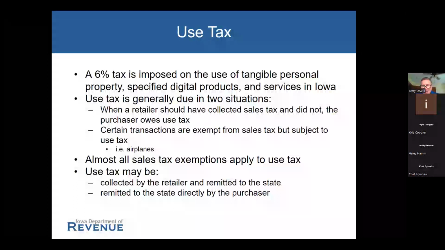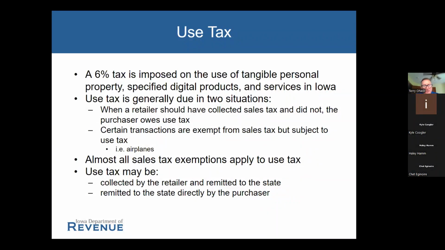The classic example was always, before the Wayfair case especially, if someone made a purchase online. Let's say you went shopping online and you purchased an article of tangible personal property. It was delivered to you in Iowa for use in Iowa. If you did not pay Iowa tax on that purchase, it was your responsibility to come to the department and pay us the use tax.